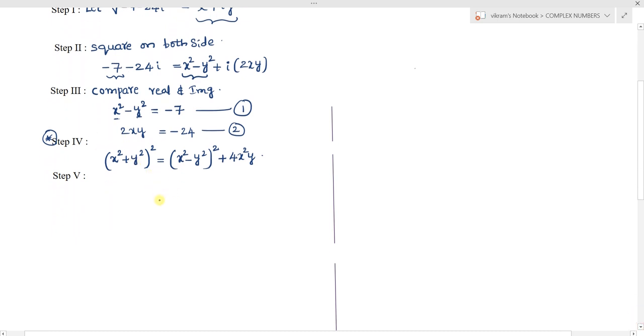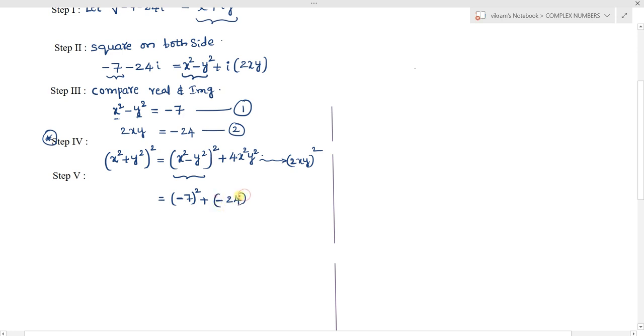Now go with the simplification for the fourth step. x square plus y square whole square equals x square minus y square, which is minus 7, whole square, plus 4x square y square, which can be written as 2xy whole square, where 2xy is minus 24.